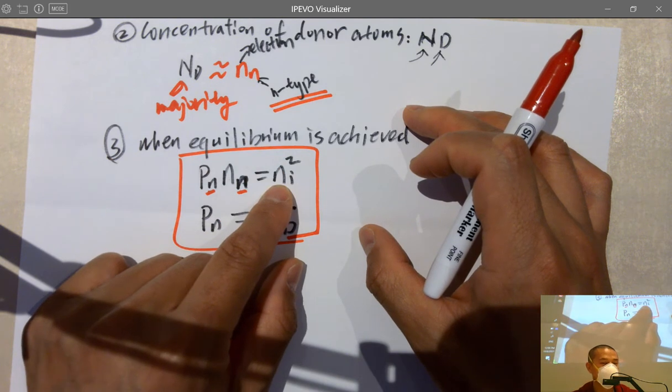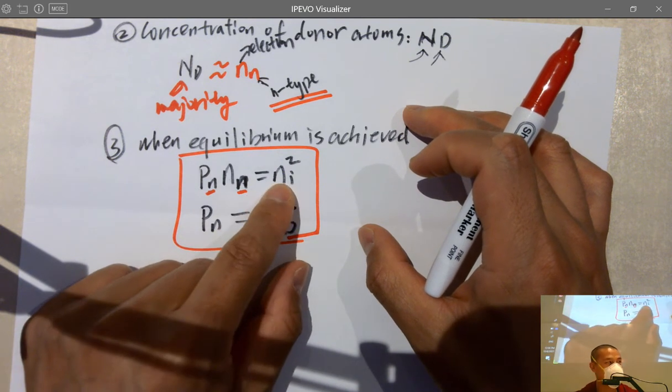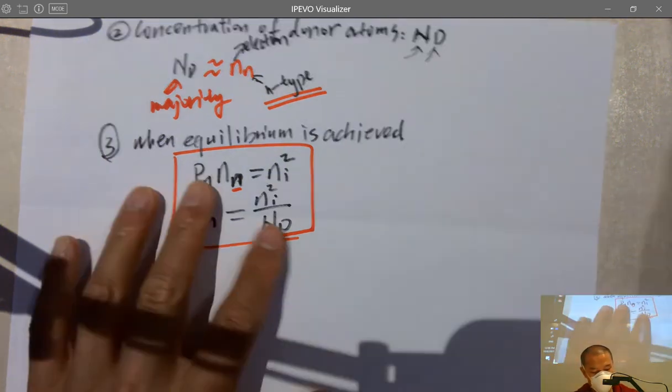Why? I don't know exactly, quantitatively, how to derive this equation for you. I'm pretty sure it's not exactly equal to that. It's pretty close, but let's think about this intuitively. Why is this possible?